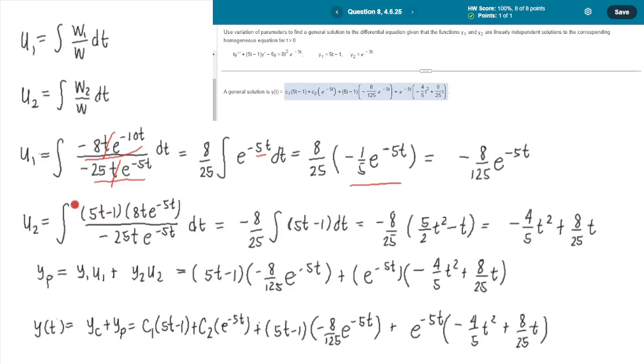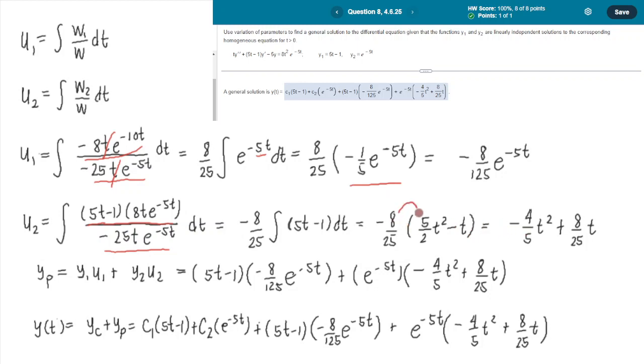Our u sub 2 is equal to the integral of w sub 2, which we got from the previous solution, over the Wronskian negative 25t e to the negative 5t. Now factoring out the negative 8 over 25 outside the integral, what remains is 5t minus 1 dt. Integrating this, the integral of 5t is simply 5 over 2 t squared, and the integral of negative 1 is negative t.